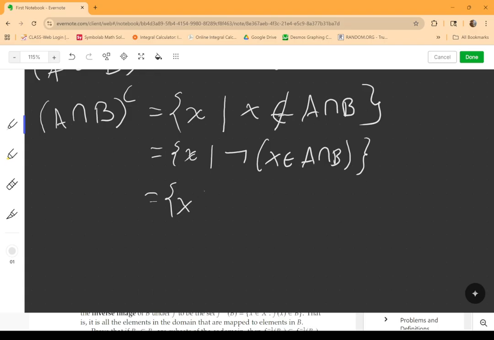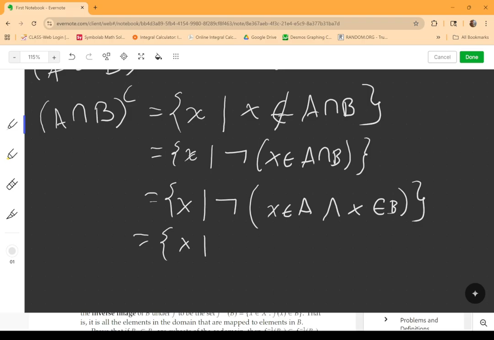So here we have x such that here we're going to negate this. x is an element of A intersection B is logically equivalent to x is an element of A and x is an element of B. Okay, and now here we use De Morgan's law for our logic here. x such that here we can negate, so here not x element of A or not x element of B.